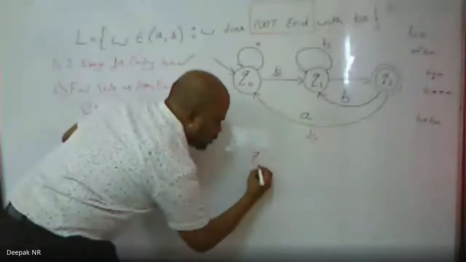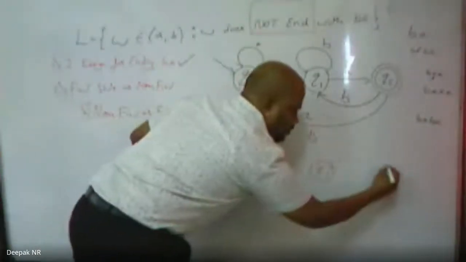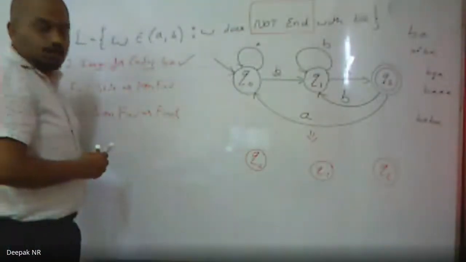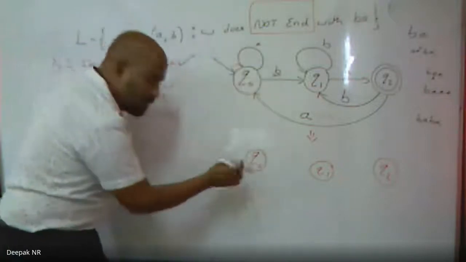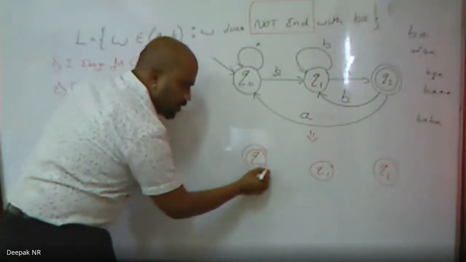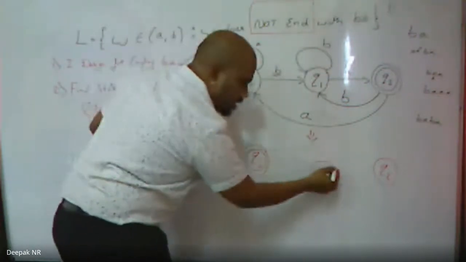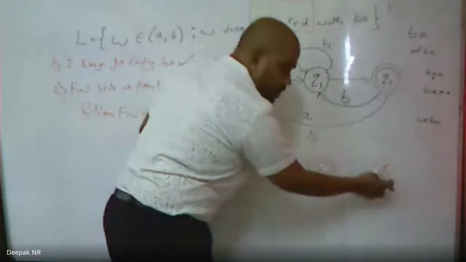So I write Q0, Q1, Q2. Here, I write Q1, Q0, Q1, Q2. Now, Q0 was a non-final state, so now I'll make this a final state. Q1 was a non-final state, so now I make this a final state. Q2 was a final state, so now I'll make this a non-final state.